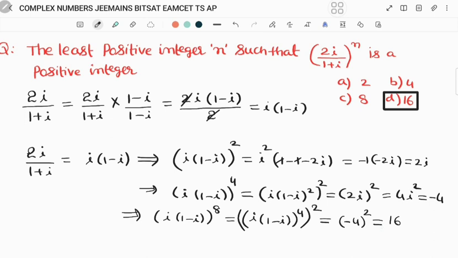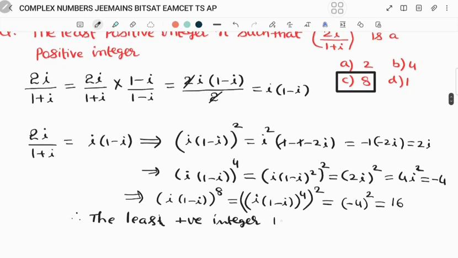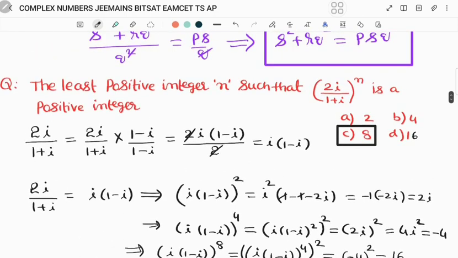So n equal to 8 is the right answer. For what value of n they are asking, the least positive integer. So the answer is, dear students, 8.